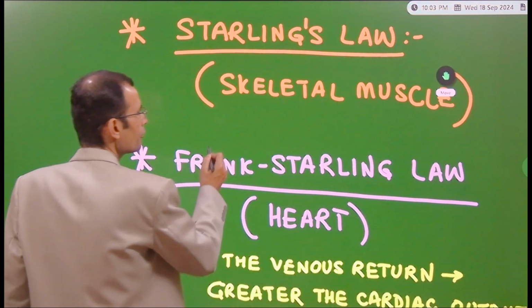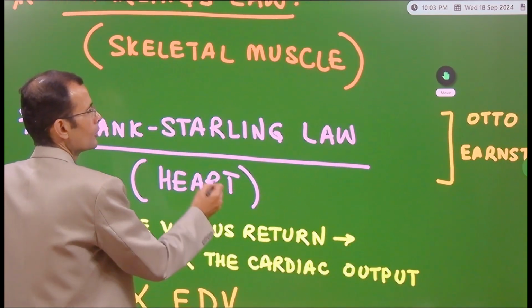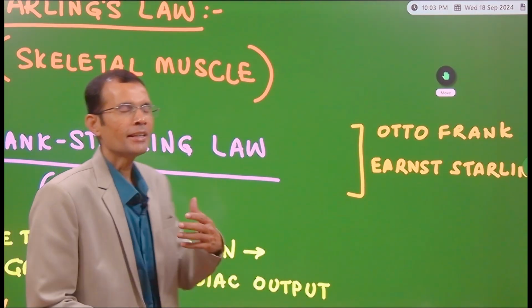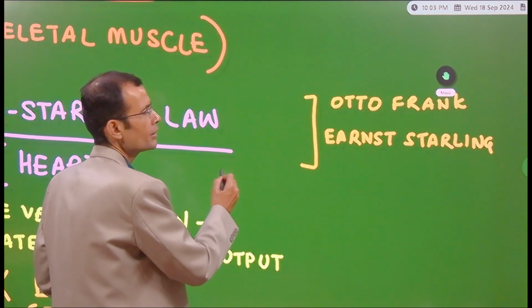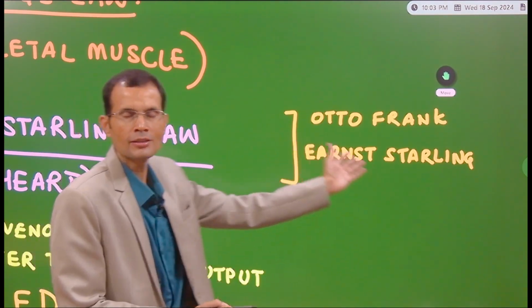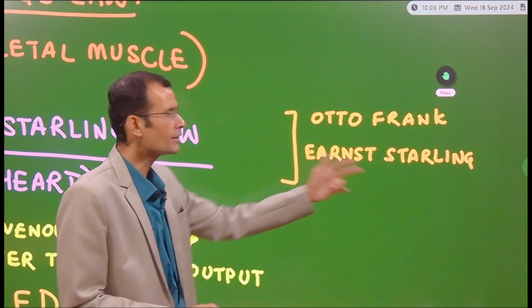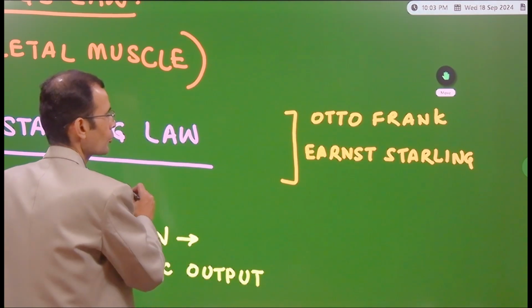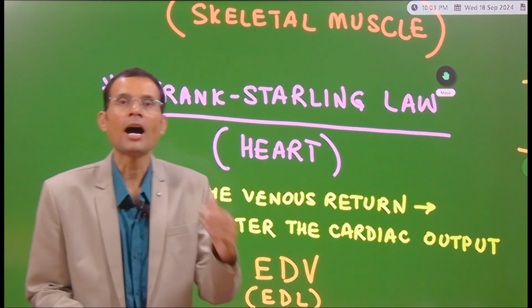Okay, now coming to the Frank-Starling law. So it is in a way extension of the Starling's law. Starling was Ernst Starling, E.H. Starling, and then Otto Frank and Ernst Starling gave this law, which is Frank-Starling law for the heart.